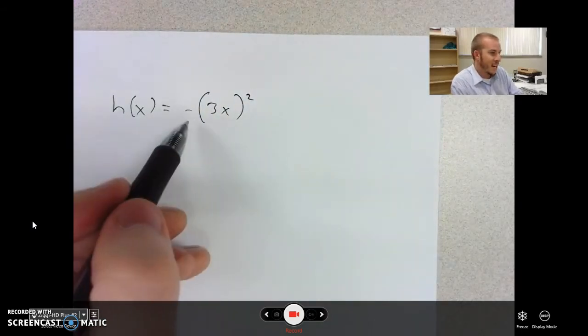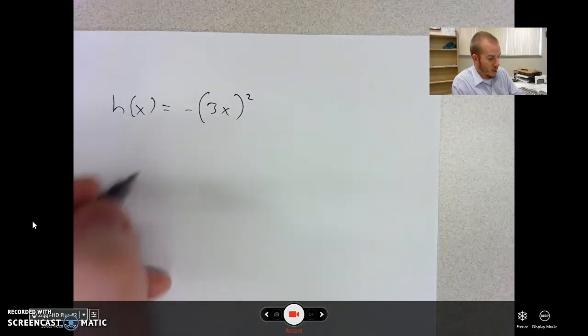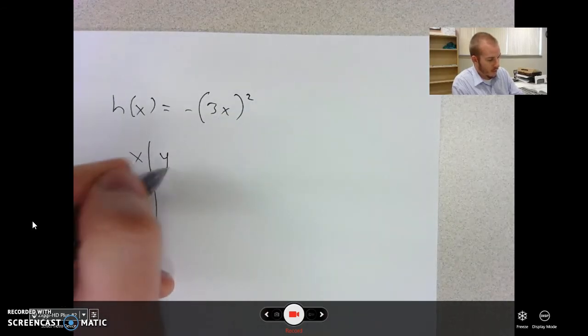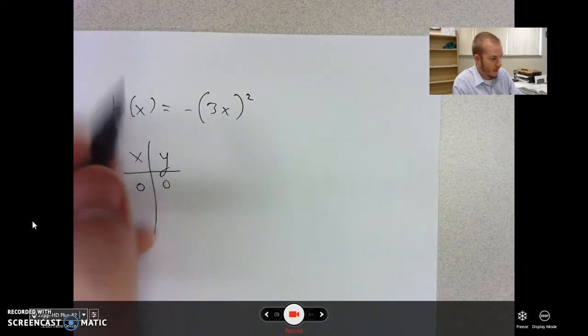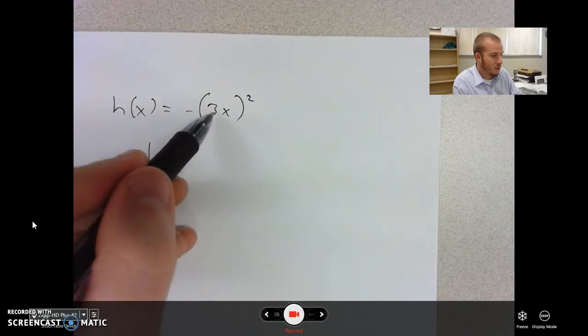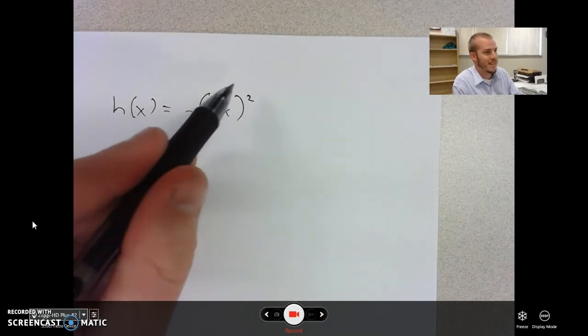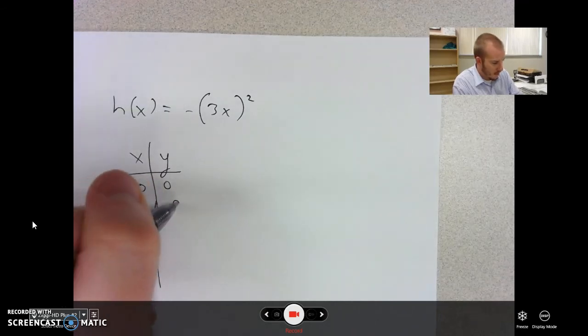Now notice the negative is outside of the actual thing being squared. So if I plugged in a point such as 0, I would get 0. Do you guys agree with that? But if I plugged in a point 1 here, well, 1 times 3 is 3. 3 squared is 9. And then if I take the negative of that, that becomes negative 9.